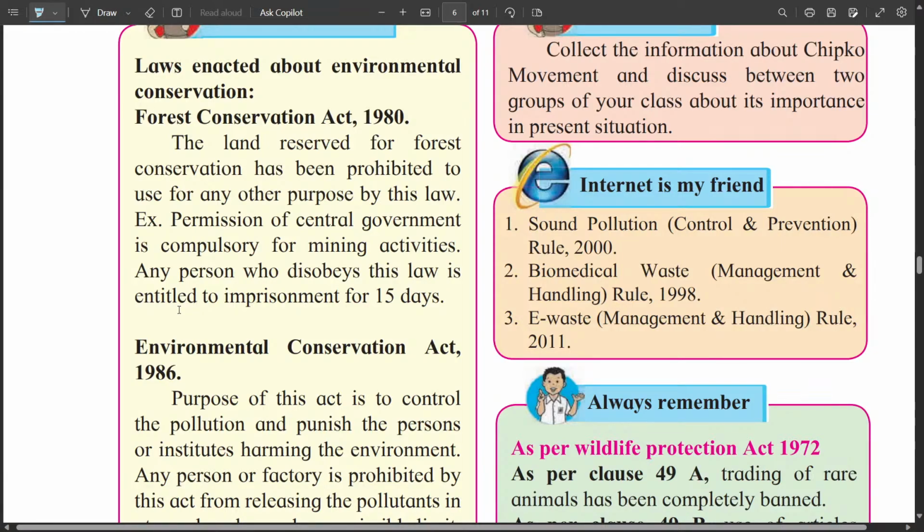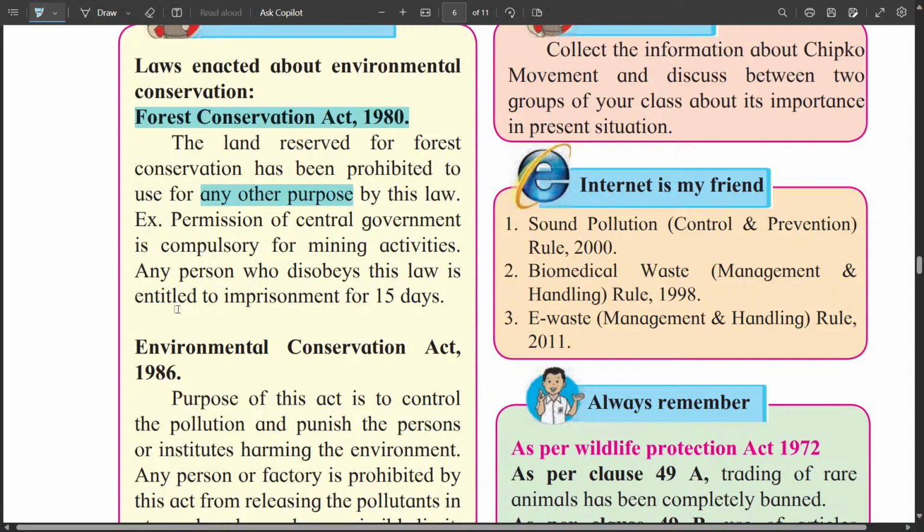The first is the Forest Conservation Law 1980. The land reserved for forest conservation is prohibited from being used for any other purpose like mining or any other developmental purpose.